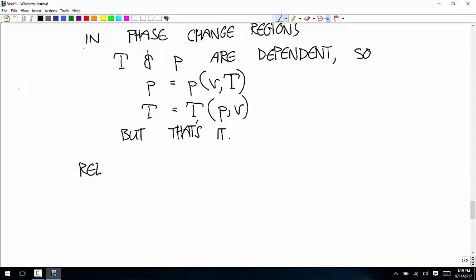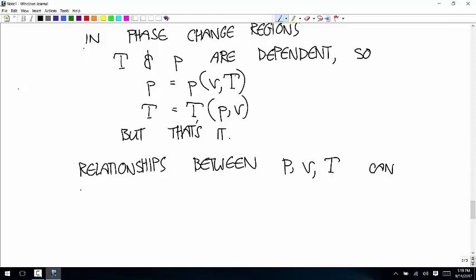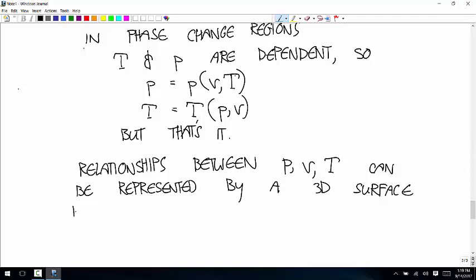The relationships between pressure, specific volume, and temperature can be represented by a 3D surface, in pressure, specific volume, temperature space.